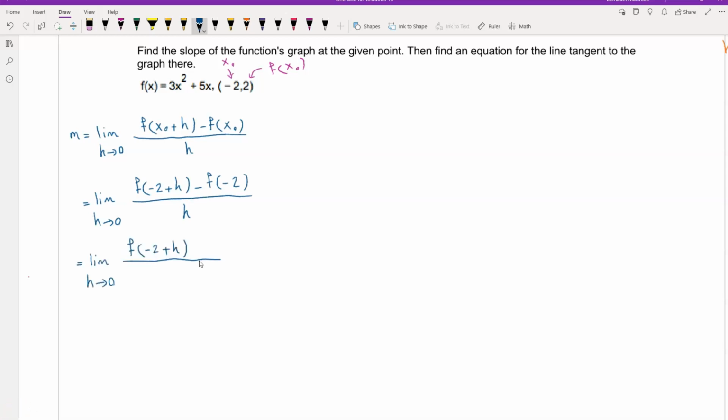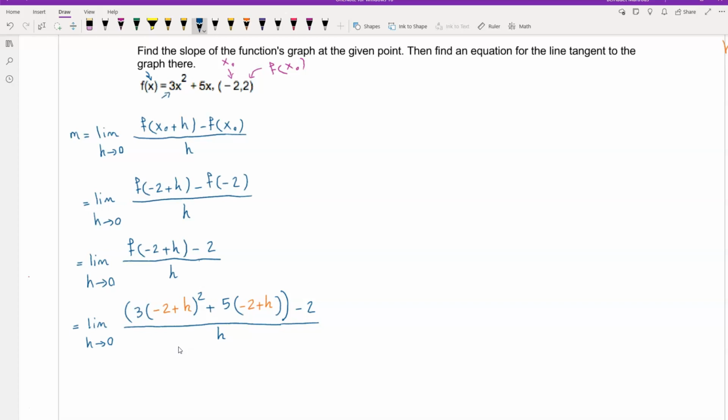So what we have here in numerator, f of negative 2 plus h minus f of negative 2, that is given, it's equal to positive 2 divided by h. Now here finding f of negative 2 plus h, so instead of x here in our function, we have to use negative 2 plus h.